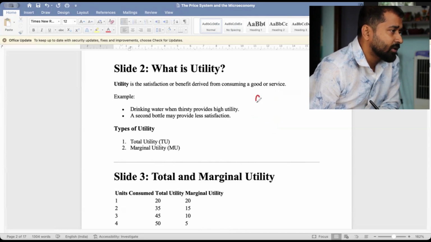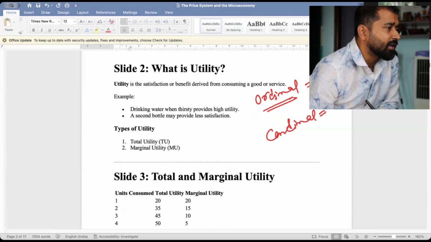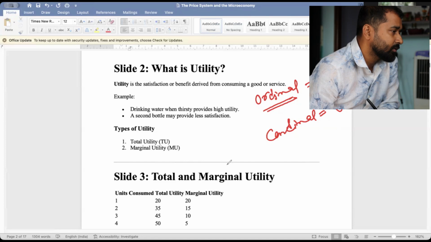We can show the utility in two ways. One is ordinal measurement, where you show the quality of a good. Another one is cardinal measurement, where the quality is converted into numbers, that is units. For example, if you visited a restaurant and I ask how the food was, you say good, awesome, very good.